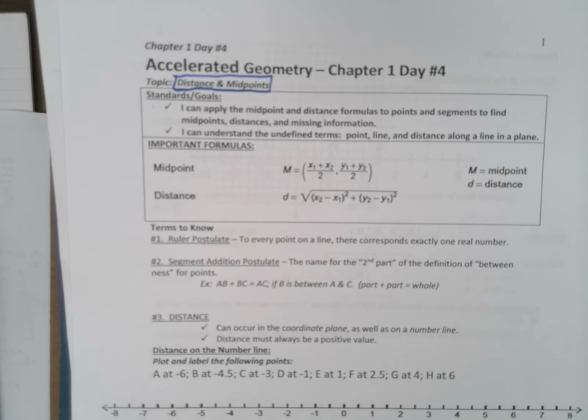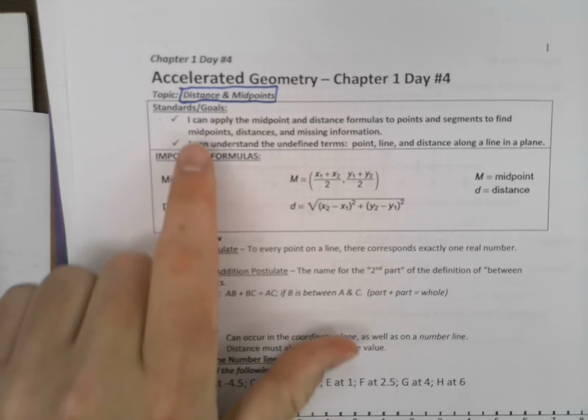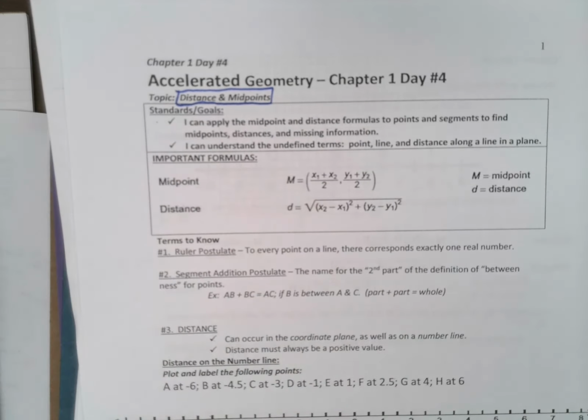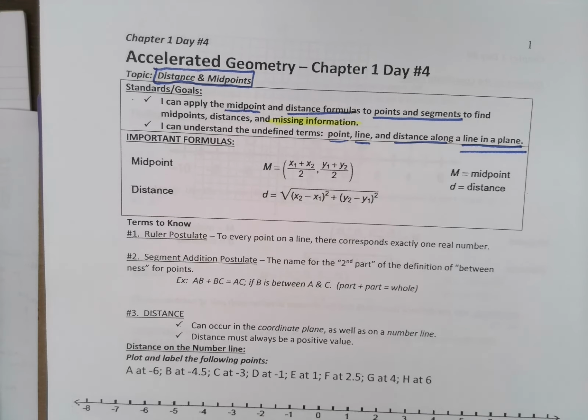Now, even though these are both geometric topics, we know that we work these using algebra, or at least some of us do. Some of you may never have seen these two formulas we're going to be discussing today. But you can go ahead and pause the video to read over what our two standards are going to be today. All right.